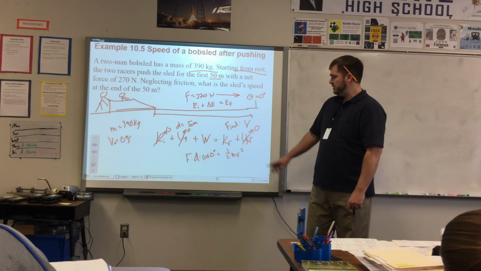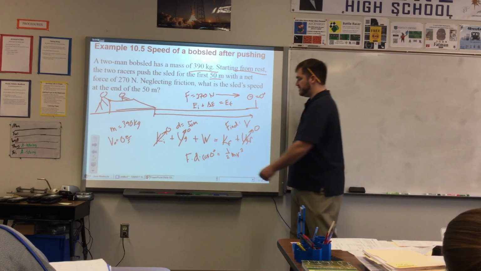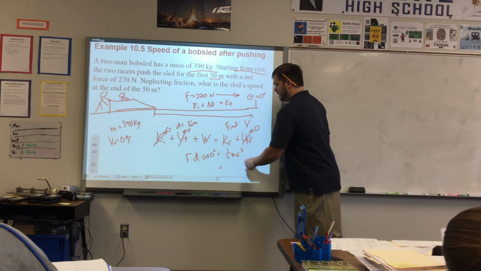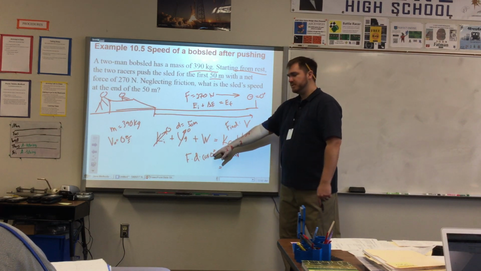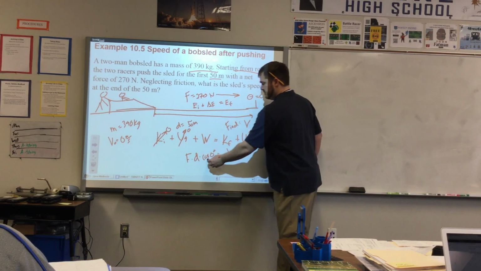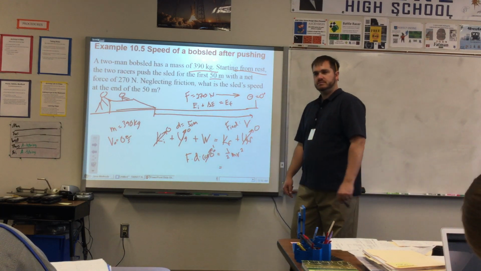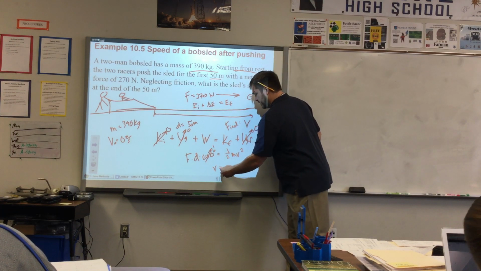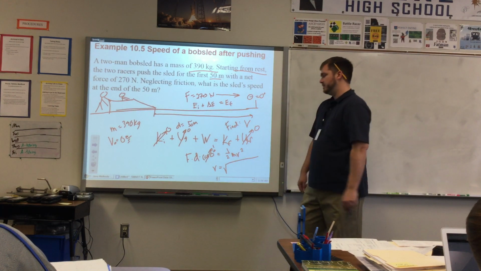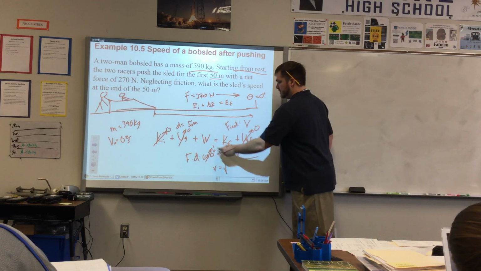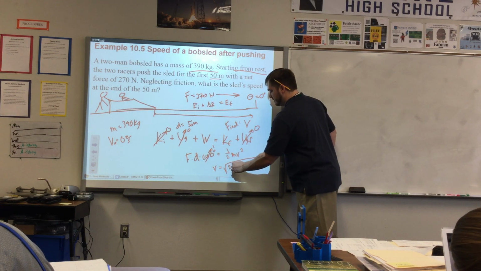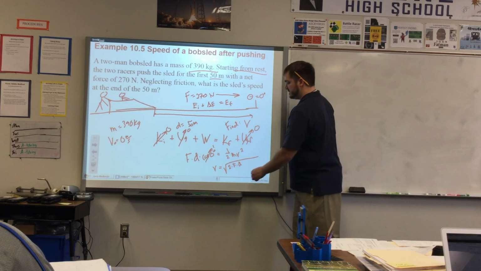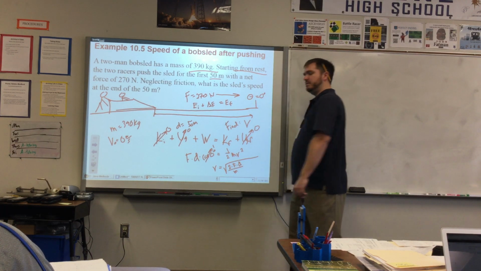And what we're going to do is we're going to solve this for velocity, so we only have to do one thing all at the same time. So, oh yeah, we know that cosine of 0 is 1. So solving for velocity, the velocity is going to equal square root, I'll multiply both sides by 2, so 2 times the force times the distance divided by their mass.